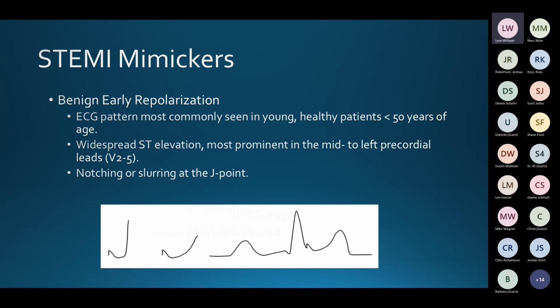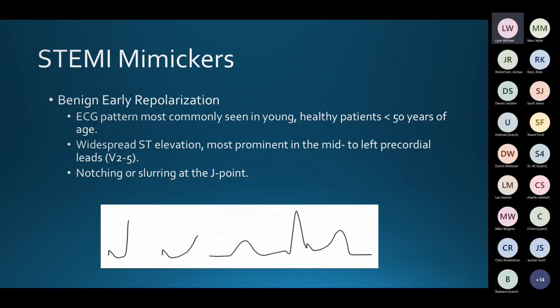But you should suspect it when it's a young, healthy patient, less than 50 years of age, and it has ST elevation most prominent in the precordial leads, V2 through V5. And there is a little notching, little slurring of the J point.